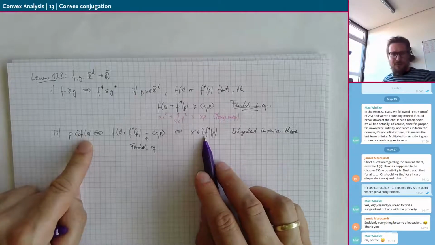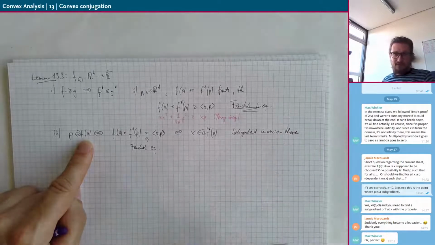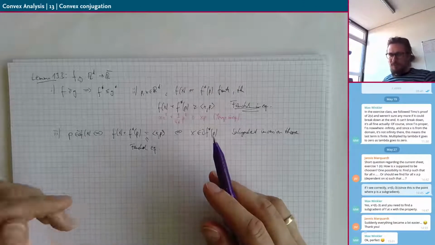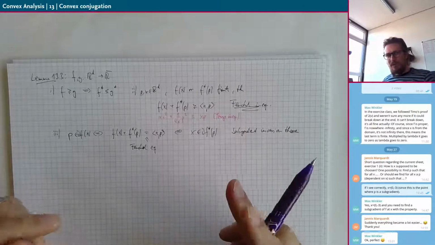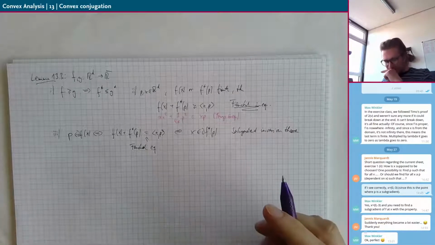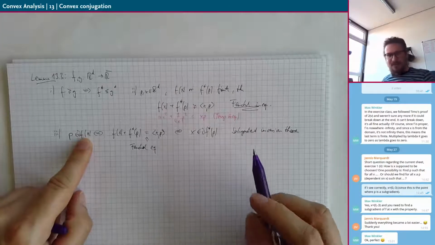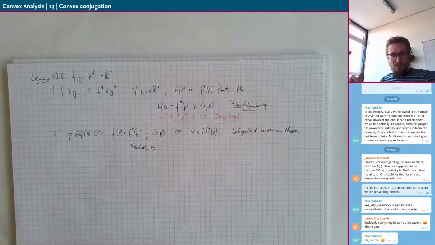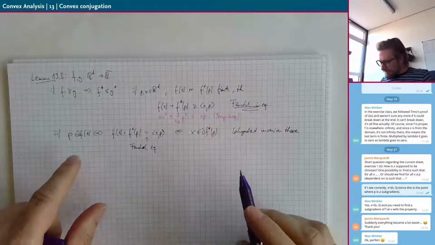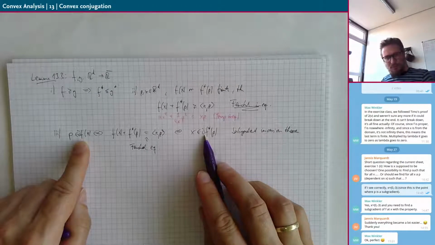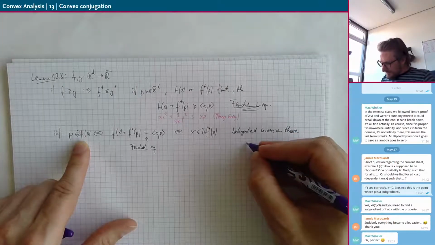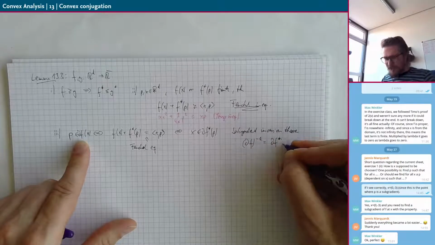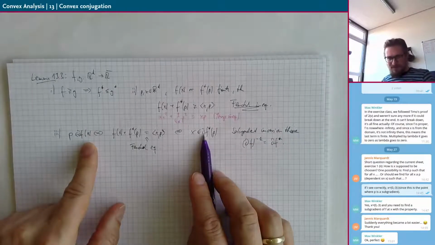The subgradient can be considered as a set-valued map, or multi-valued map, because for every x you get a set of subgradients, possibly containing only one element, possibly a lot of elements. But you can always consider it as a set. And set-valued mappings can be inverted fairly easily by just flipping the graph. We're going to talk about this in detail. But once we figure out how to deal with set-valued maps, this basically says that the inverse of the subgradient is in fact the subgradient of the conjugate.